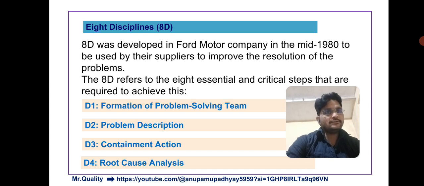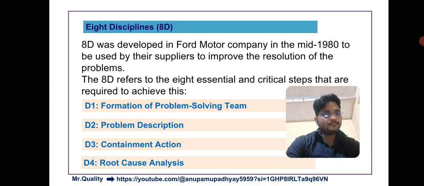The 8D refers to 8 essential and critical steps that are required to achieve this. First step is formation of the problem solving team, meaning team members should have knowledge of the process and product.